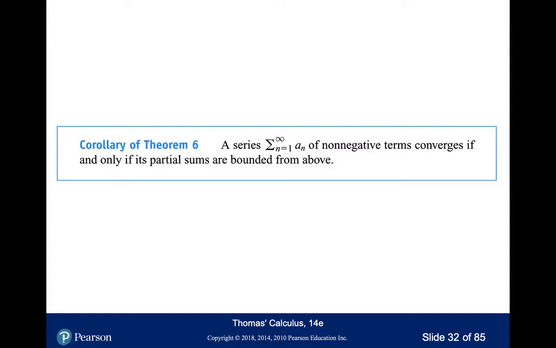In this problem, we are only going to be considering a series that has all positive terms, or at least non-negative, so 0 could be a part of it. We're going to say that it converges if and only if its partial sums are bounded from above. So that means as we add together the terms and find those partial sums, we have to be reaching some sort of a boundary or a limit.